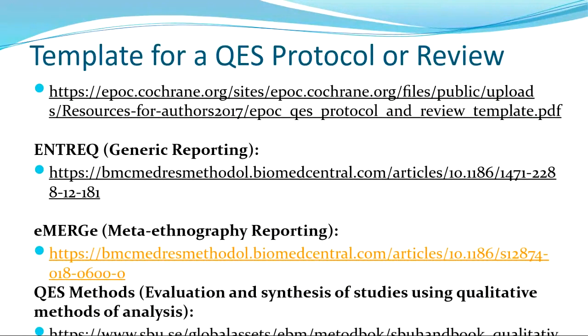And the final one here that you can find by searching for this particular title on Google is a handbook of qualitative evidence synthesis methods produced by the Swedish technology agency SVU.